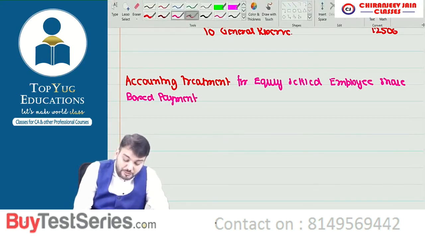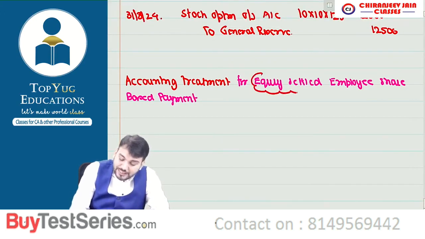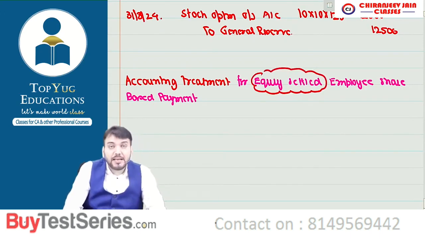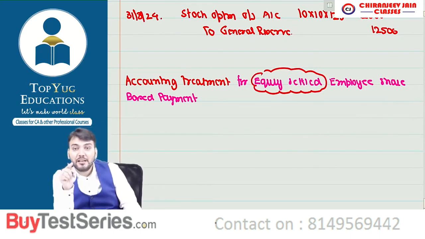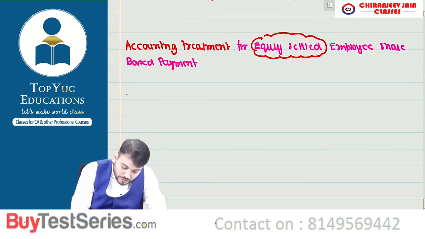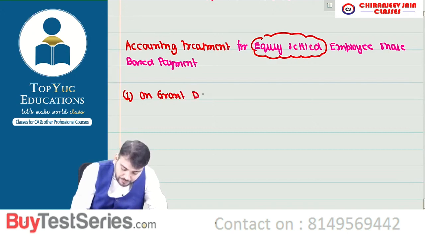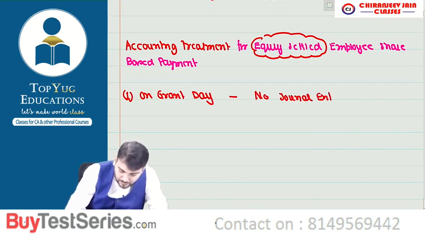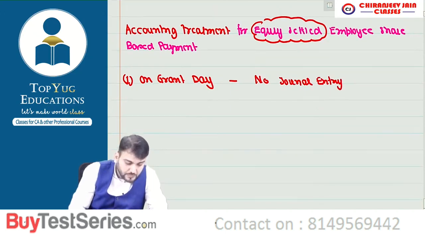You can see I've written equity settled. There's cash settled also, where cash will be paid based on the price of the equity share, but that is not in our syllabus. Understood? So point number one, on grant day, can I say no journal entry? Correct?